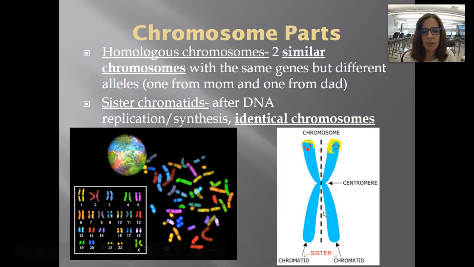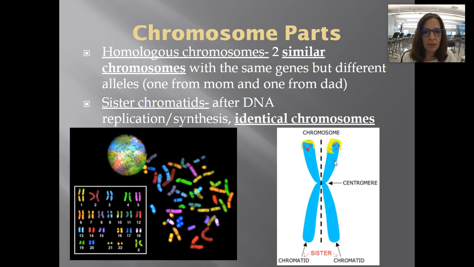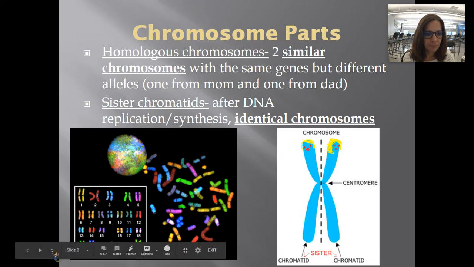And so that's the picture down here: you have one chromosome and then the other one that gets made in DNA synthesis is exactly the same. So if you have, let's say, a big R on one side, you would have a big R allele on the other side. So homologous chromosomes are similar. They have the same genes, could have different alleles, and sister chromatids are identical.